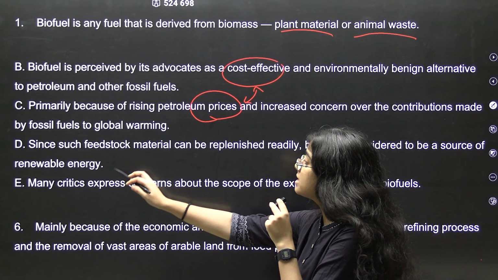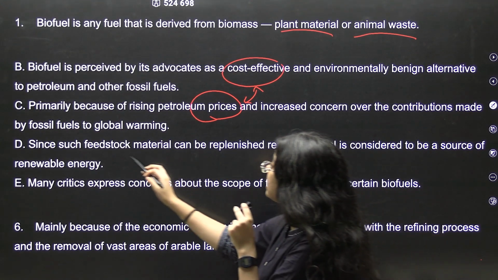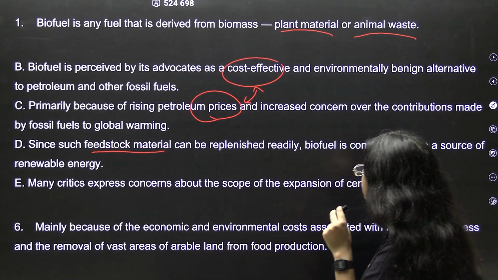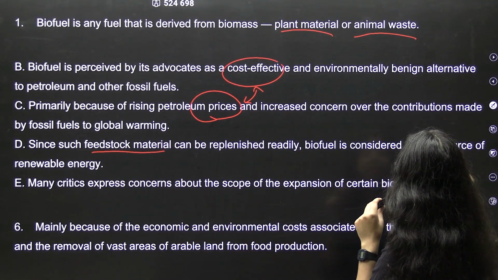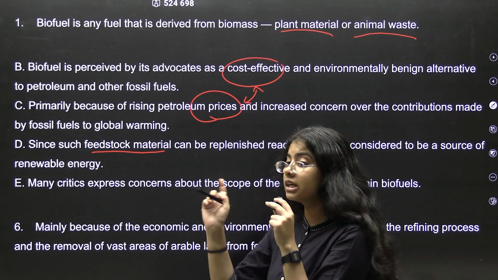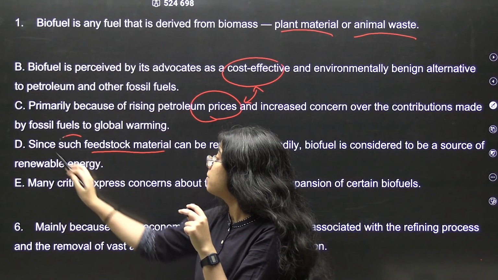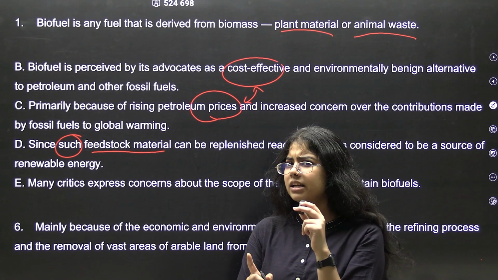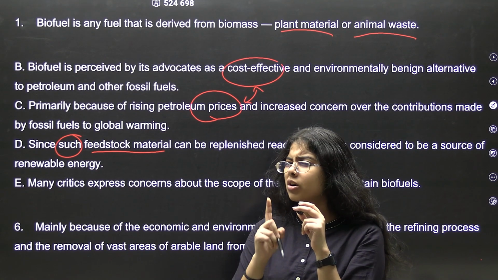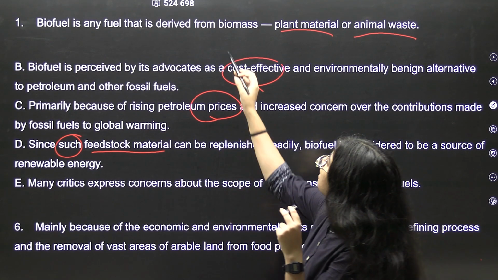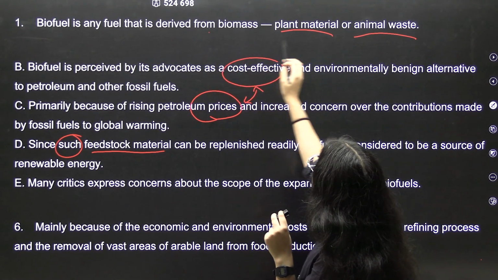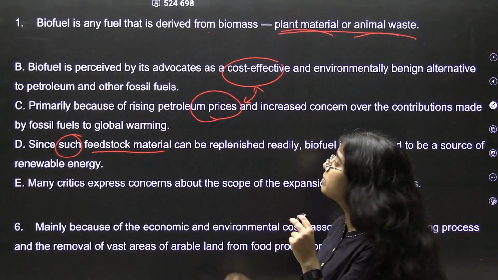Let's keep them. Since such feedstock material can be replenished readily, biofuel is considered to be a source of renewable energy. Since such material, what material is it pointing out to? कौन सा material? Right? Which material? This material.